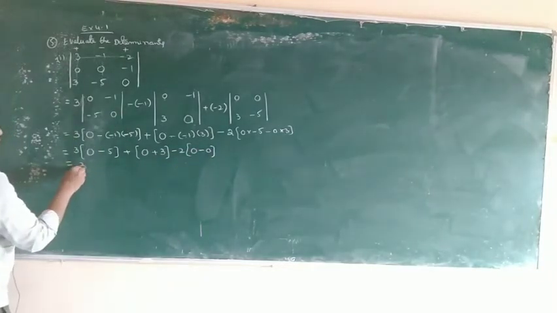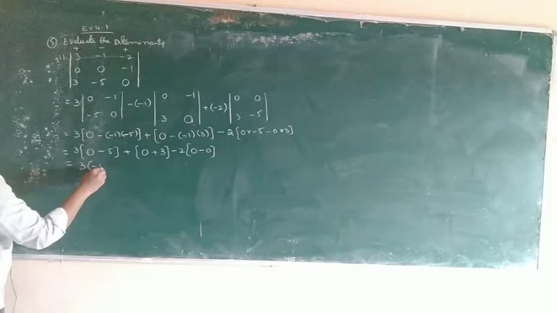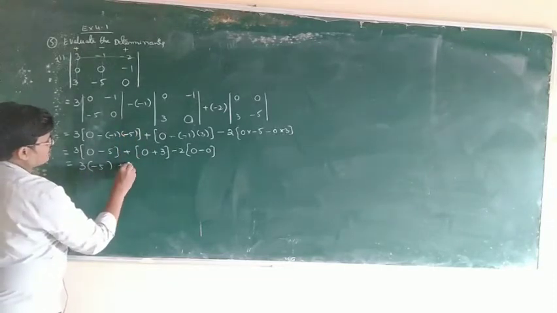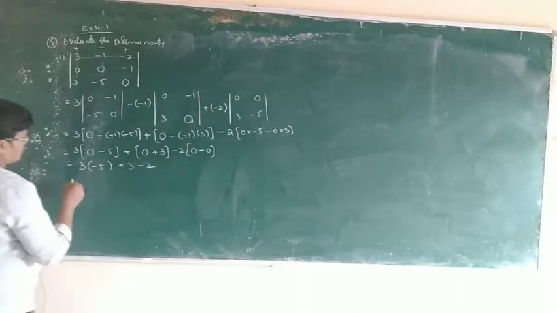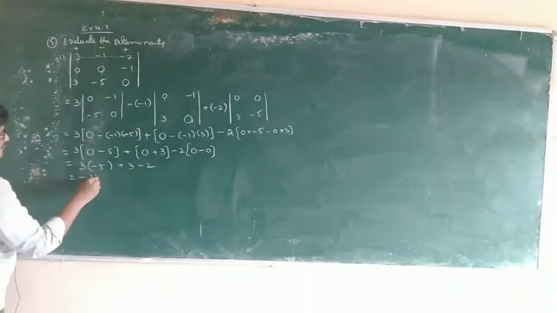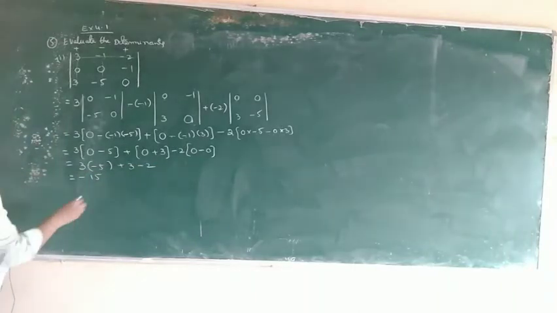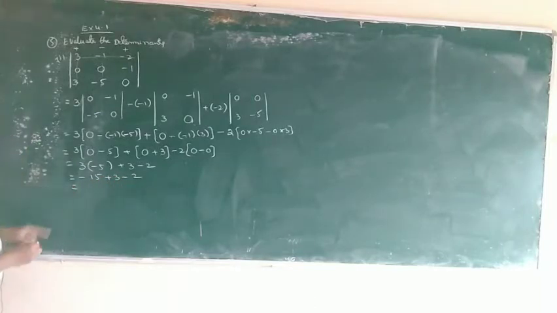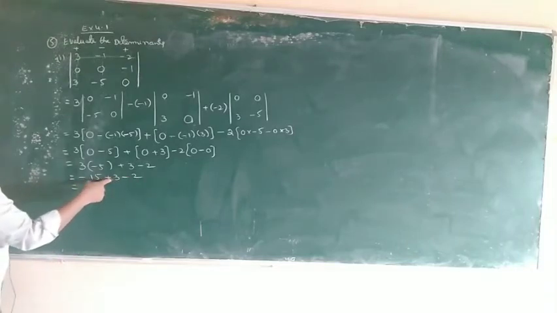So that is equal to 3 into minus 5 plus 1 into 3 plus 3 minus 2. That is equal to minus 15 plus 3 minus 2. So minus 15 minus 2 is minus 17. Minus 17 plus 3 is minus 14.